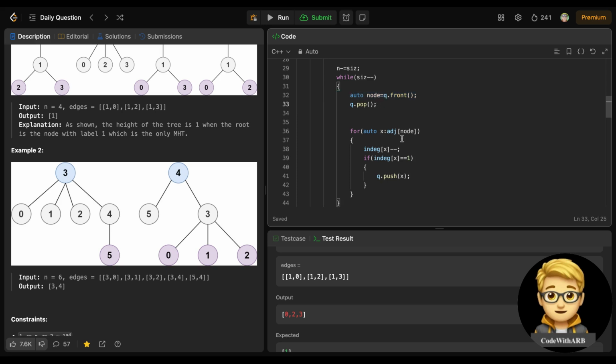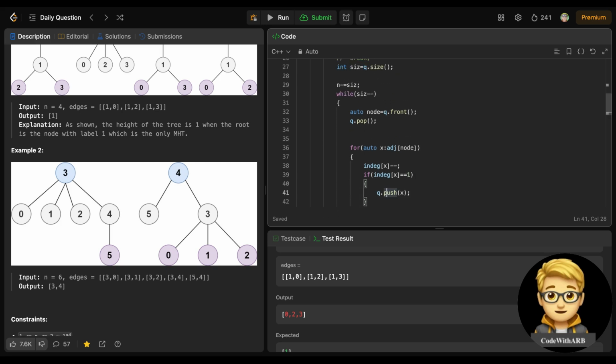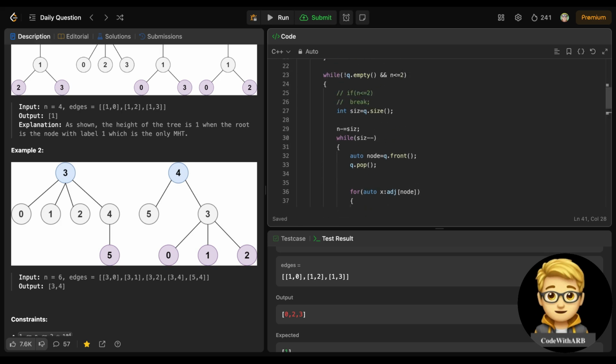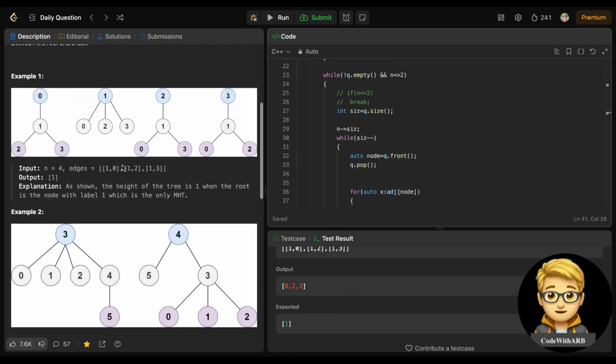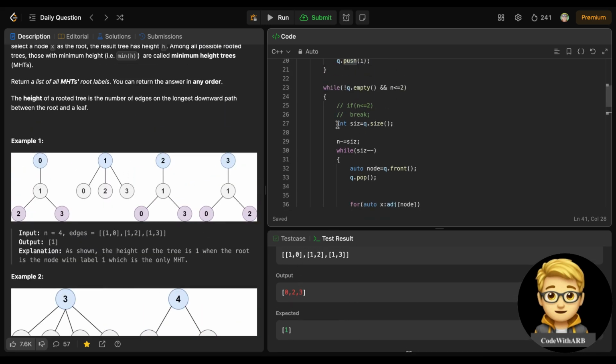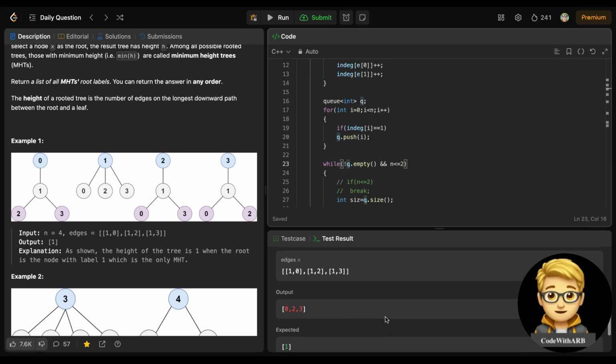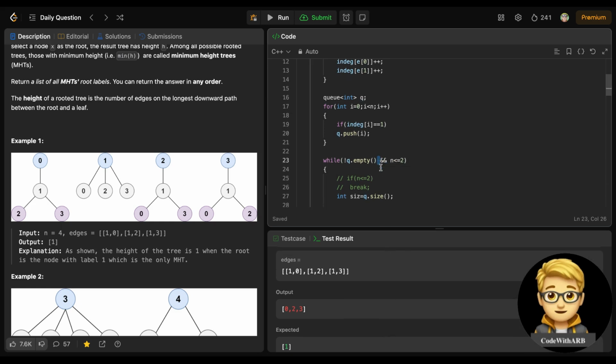For this node, I need to decrement its degree, and we will push it if the degree is 1. Otherwise I will not push it, right? How does this 0 2 3 value come? N is 3 at the starting, 0 1, n is 4 at the starting.